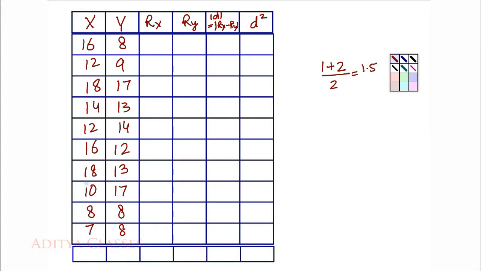So I'll not award them first and second, rather I'll award them 1.5 and 1.5. Average is awarded to both the tied spots. Another thing you need to take care of is to keep an eye on how many such ties you come across. This was the first, and the number of ranks tied was 2, so I'll put a 2 over here.